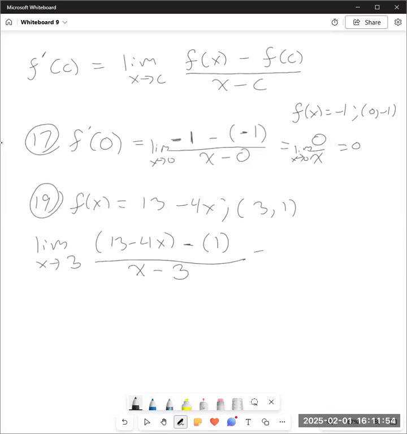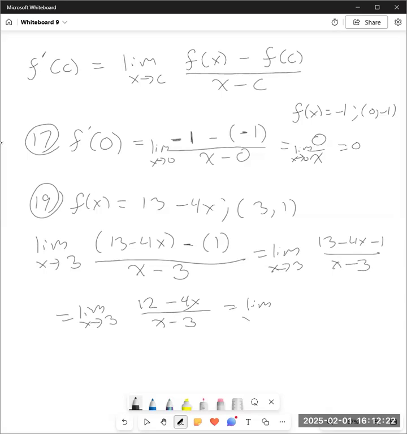So that's going to be equal to the limit as x approaches 3 of 13 minus 4x minus 1 over x minus 3. That's the limit as x approaches 3 of 12 minus 4x over x minus 3.